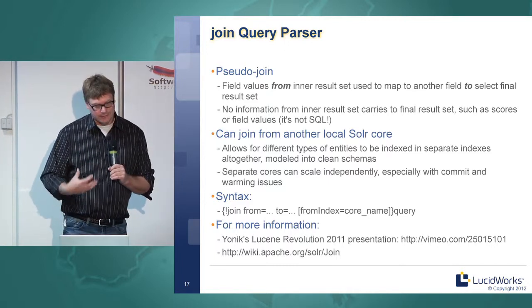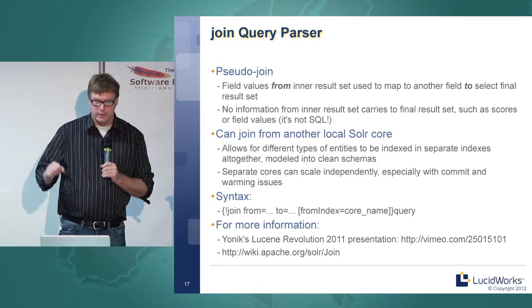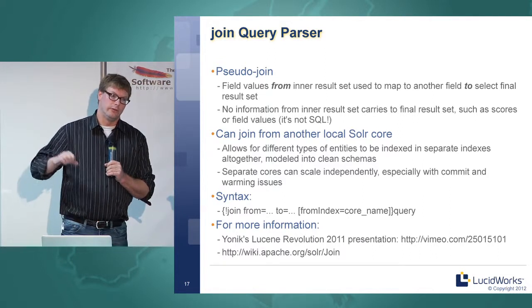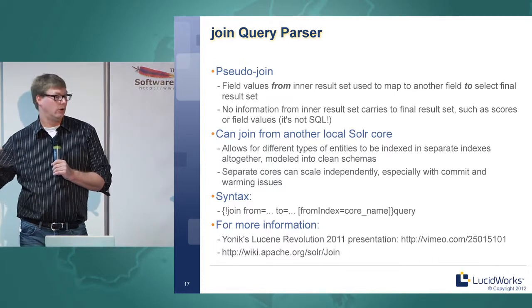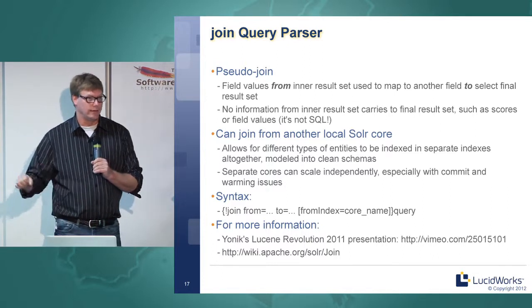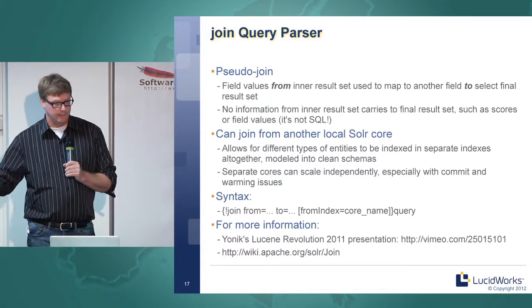So it's similar to a SQL join, but not quite in terms of the final result includes the to documents with no information from the from documents at all, including the score or any of the field values. Literally, the documents that you get back are in the to, and that's it.